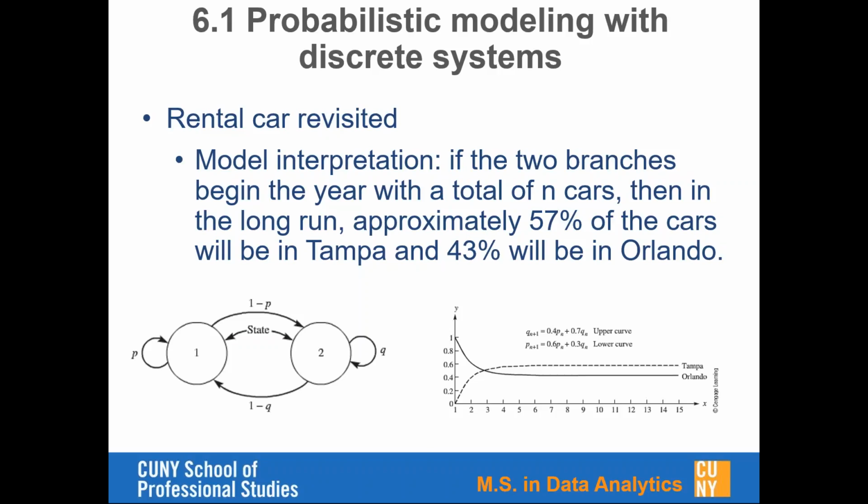Right? So for a car that started at location 1, it would either be returned to 1, or there's a possibility of going to 2.